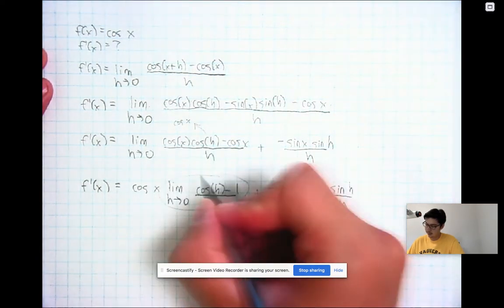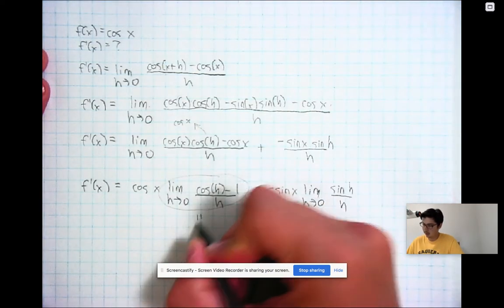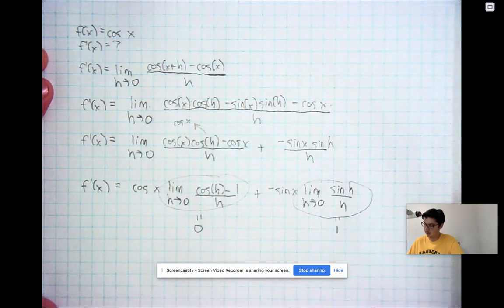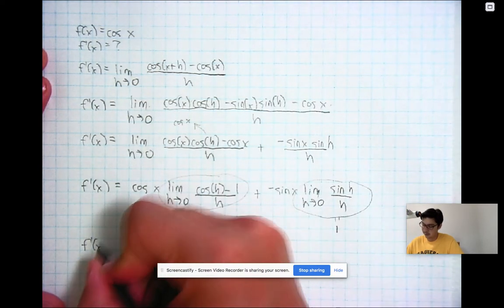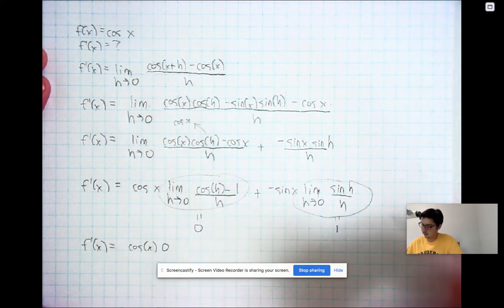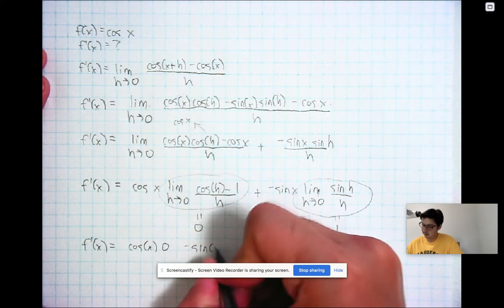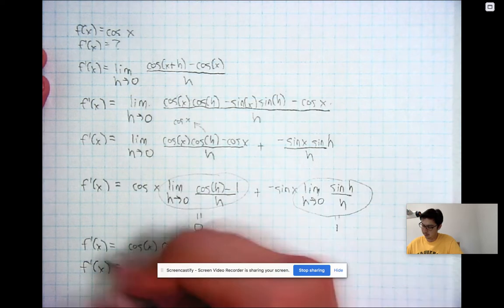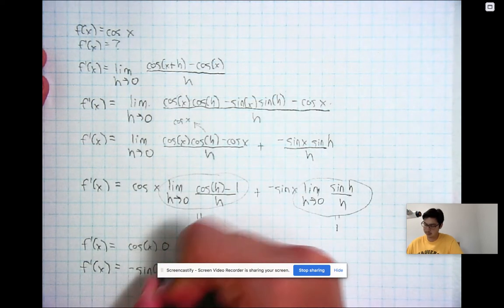And this whole thing by the squeeze theorem equals 0. This whole thing by the squeeze theorem equals 1. So f prime of x is equal to cosine of x times 0 minus sine of x times 1. Thus, f prime of x is equal to negative sine of x.